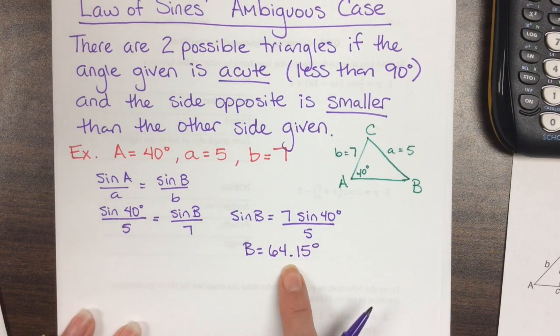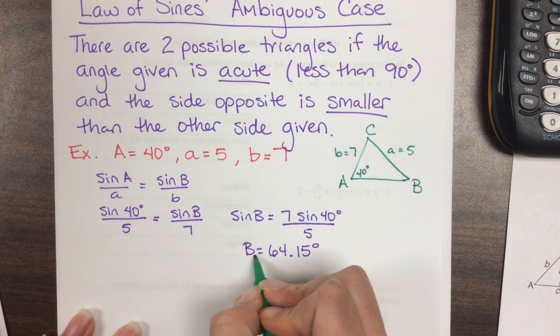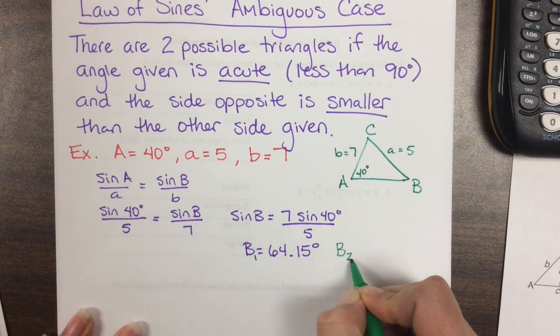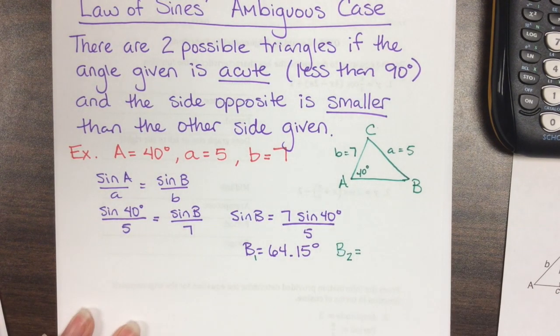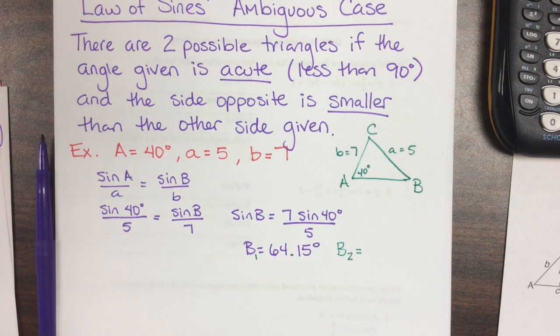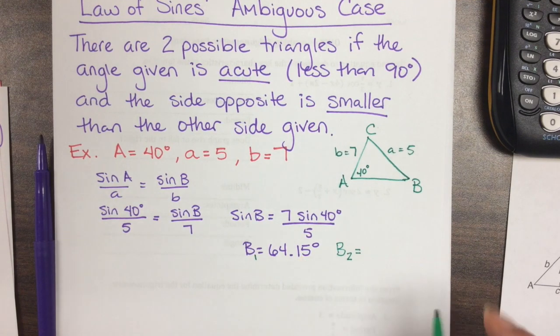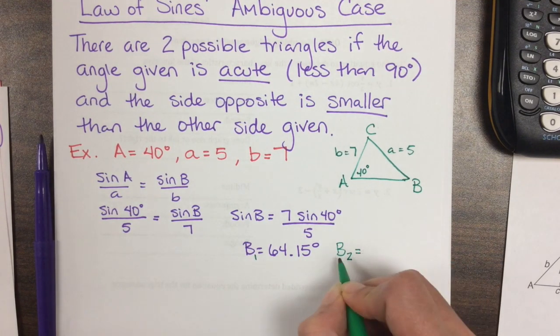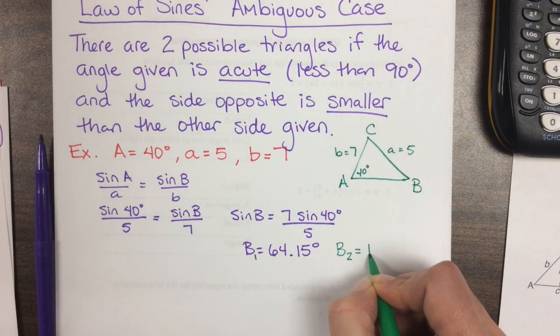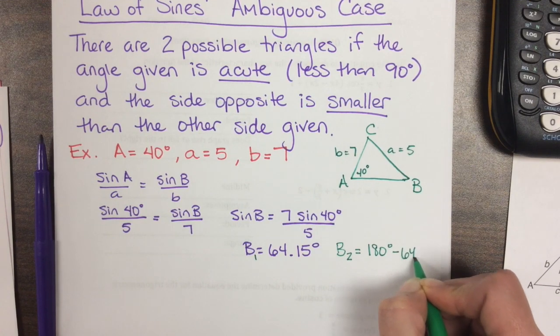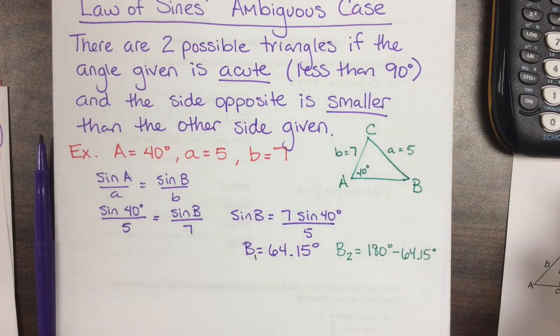So to find the other B, let's call this one B1. To find B2, this is the other option for angle B. It is supplementary to what we found with our calculator. Supplementary means it adds to 180. So to find the second version of angle B, we're just going to take 180 degrees and subtract what we just found, 64.15 degrees.